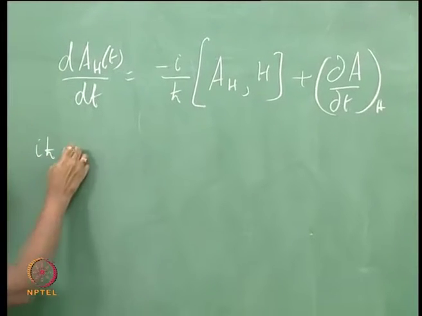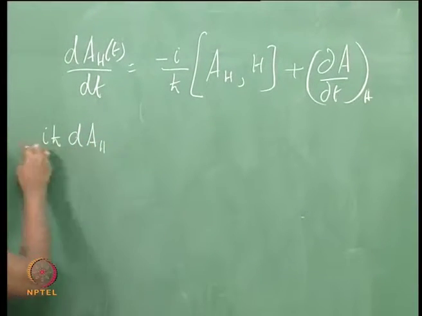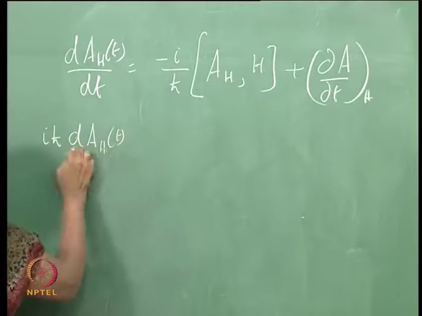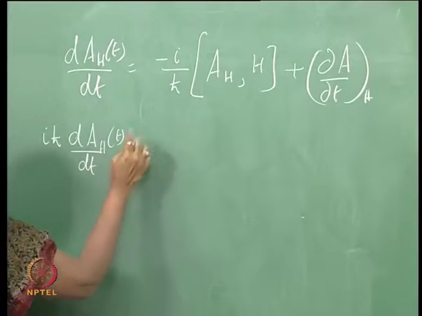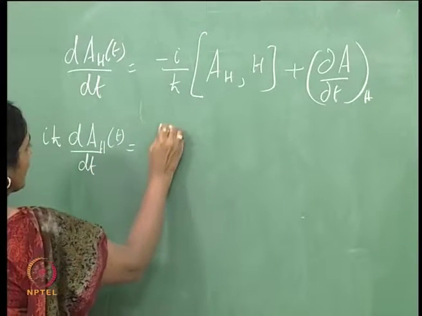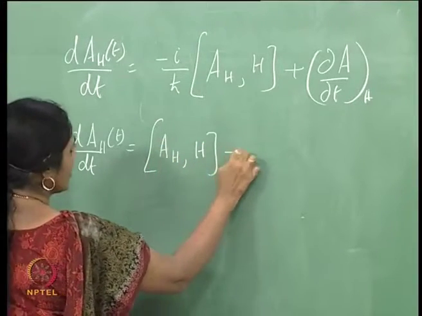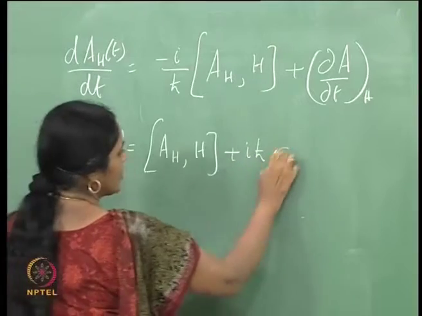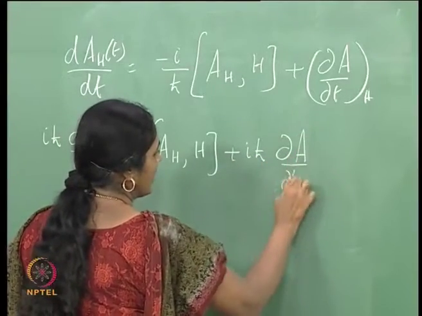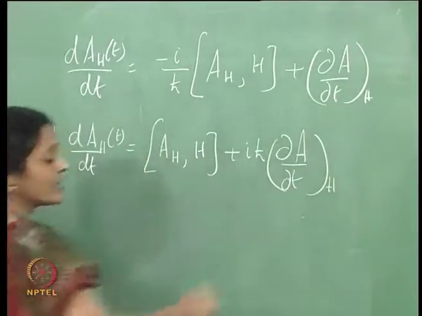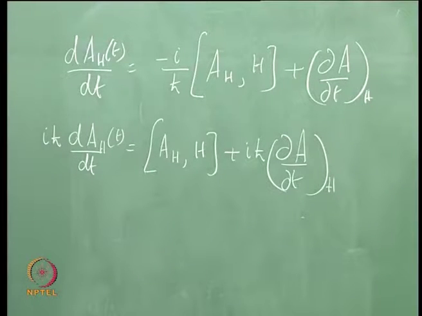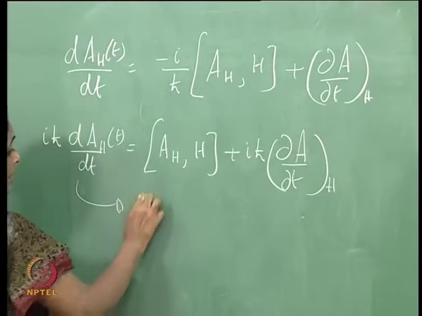In tune with the Schrodinger equation, let us work with i h cross dA H by dt. This object is simply the commutator of A H with H plus i h cross delta A by delta t in the Heisenberg picture. Now, this is called the Heisenberg equation of motion.